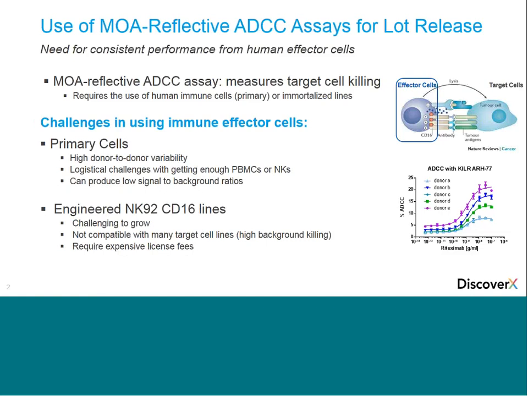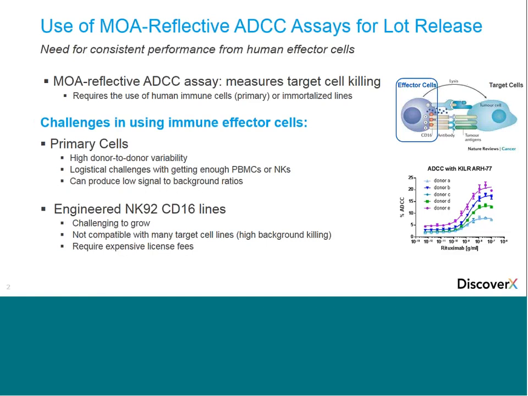Firstly, those that use primary cells encounter high donor-to-donor variability in these types of assays. Once you identify a donor that is appropriate for your assay, there are often logistical challenges with getting enough PBMCs or NKs to support the life cycle of your molecule in QC. Finally, one can also observe very low signal-to-background ratios in certain assays with primary cells.